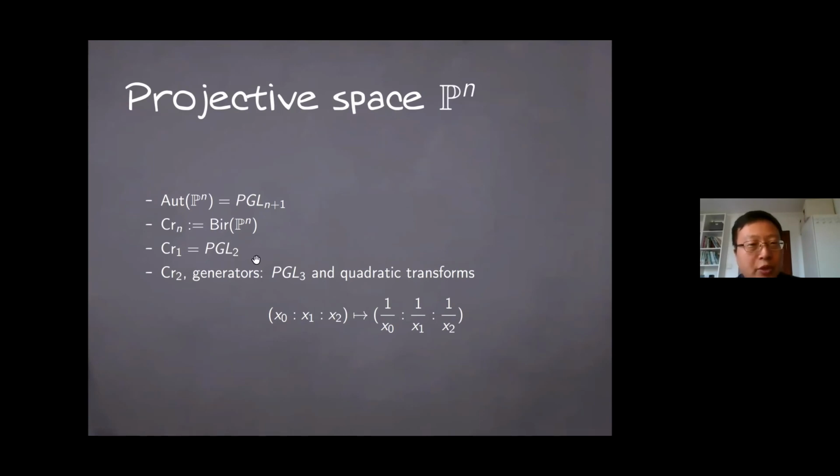Another standard fact is that the Cremona group of rank 2 is generated by PGL3, the automorphisms of P2 as the linear part, and this quadratic transform.